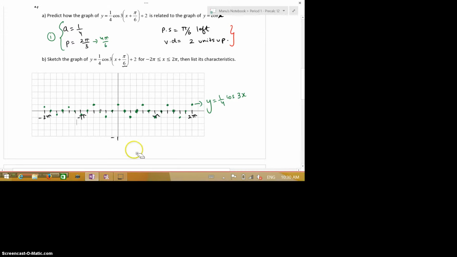This is what happens when you don't think ahead in terms of your scale factor. So it'll actually look something like this, just squished in horizontally a little bit more.